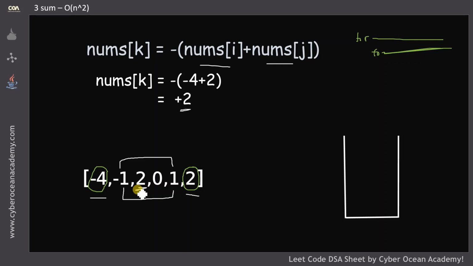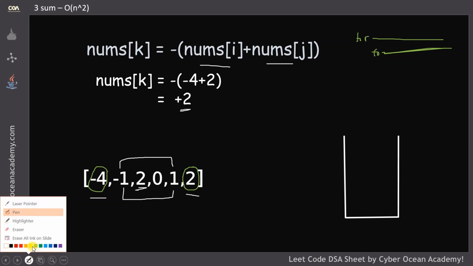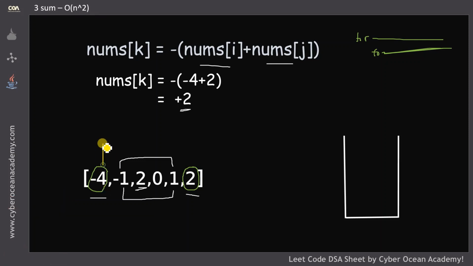Right now, the first thing is that we have to store the elements between these first two elements, -4 and 2, inside some data structure. After that, we have to search for the third element between them.